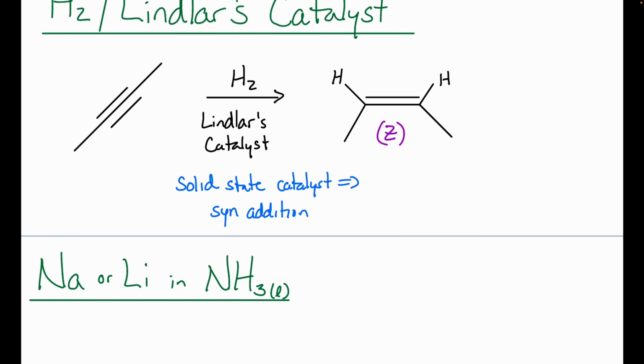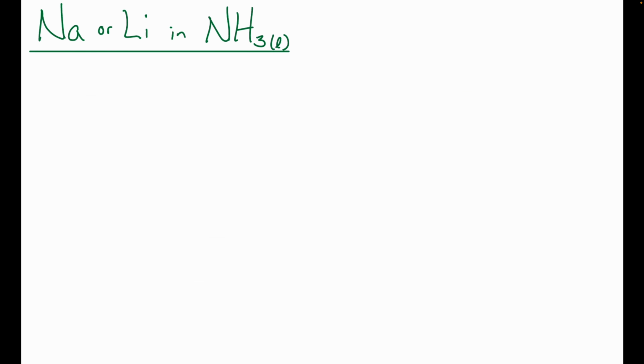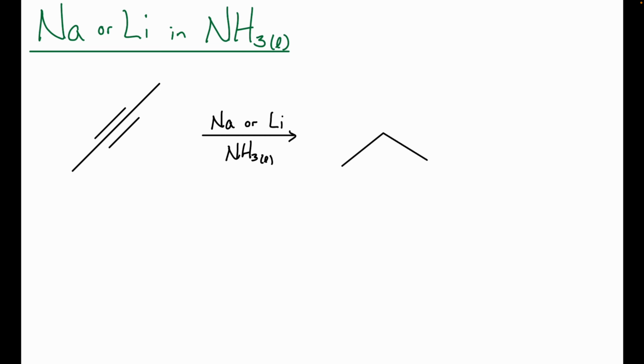All right, as noted, let's use this same alkyne, with sodium or lithium in ammonia. That'll give us our alkene product, our addition of hydrogen, but now we will specifically get the E stereochemistry.